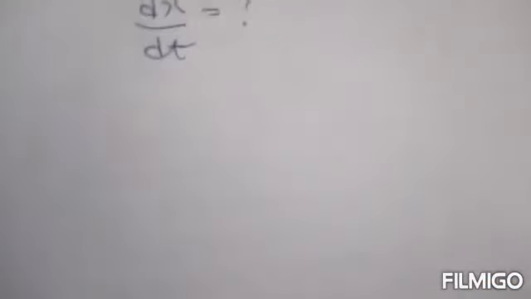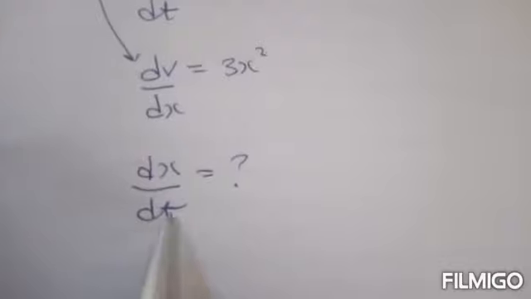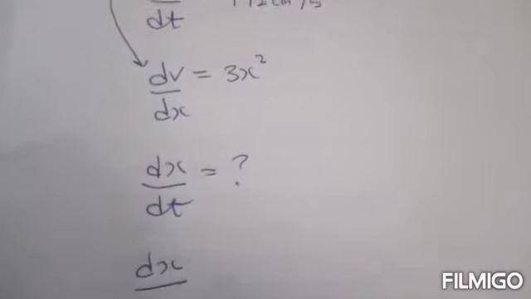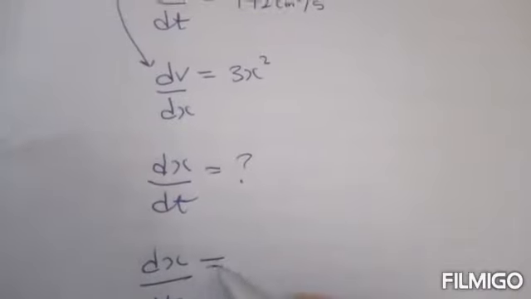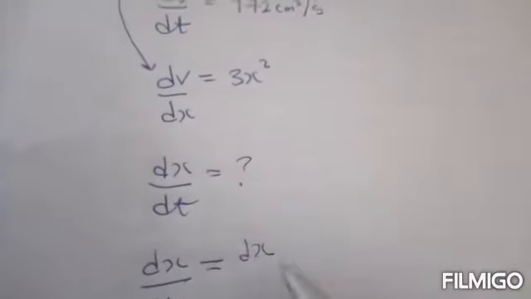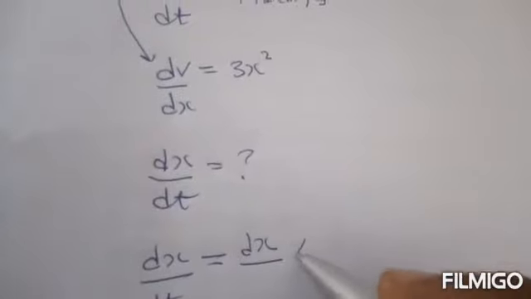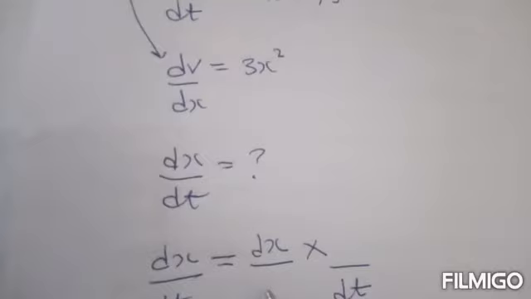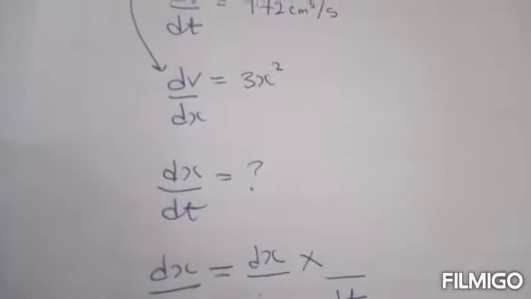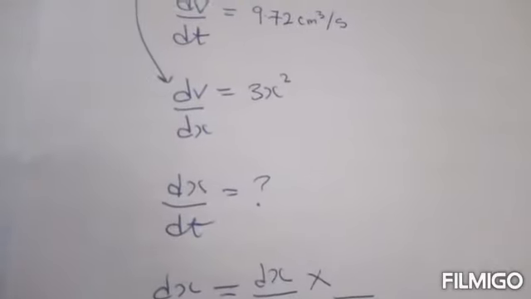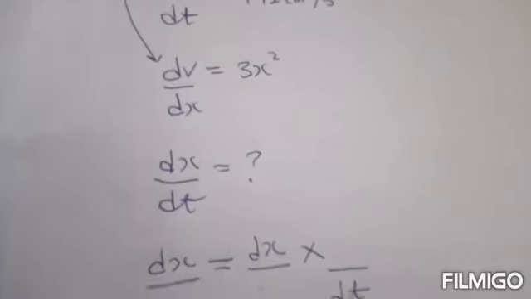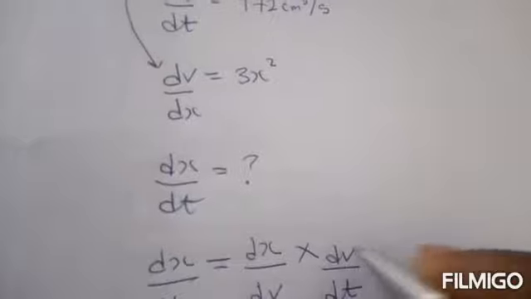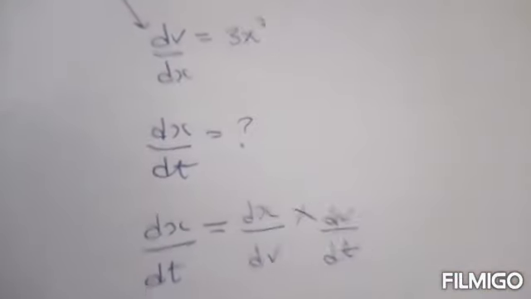With this question, let us have a link. The dx/dt will now be dx over dV times dV over dt.